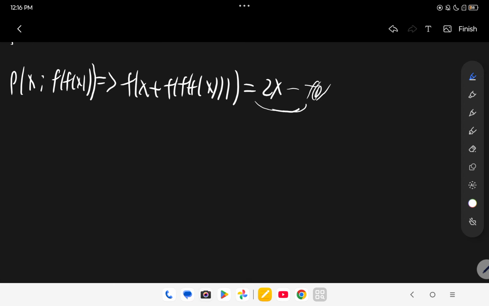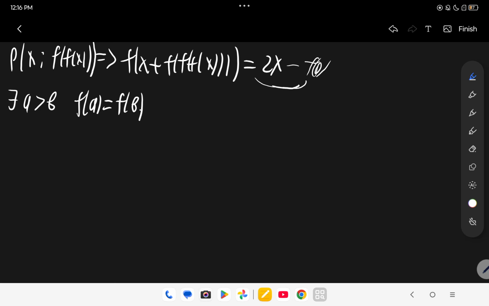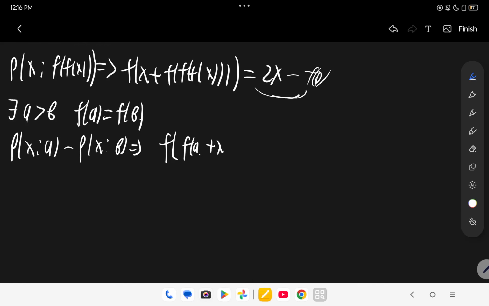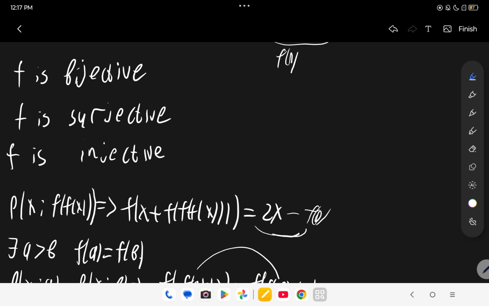So now for the injective part, let's assume that there exist integers a greater than b, such that f(a) equals f(b). Then if we subtract these two, at first notice that f(a) plus x equals f(b) plus x, because f(a) equals f(b).